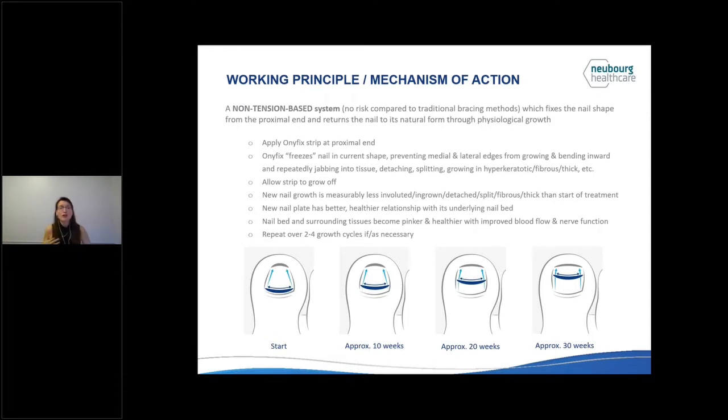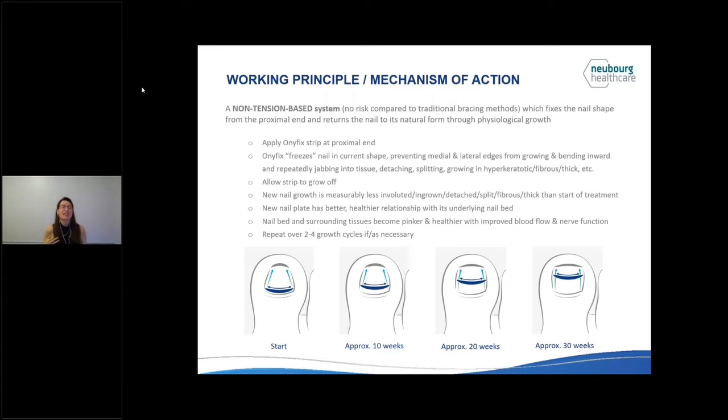Now, it also helps other things that we're going to look at, like not just ingrown and involuted nails, but these onycholytic, fibrous types of thickened nails and so on. So we're going to take a look at that. Ultimately, then, Onyfix, whatever your reason for the application, it does help for the nail plate to form a better and healthier relationship with its underlying nail bed. So you're helping to restore nail health overall, regardless of the application.